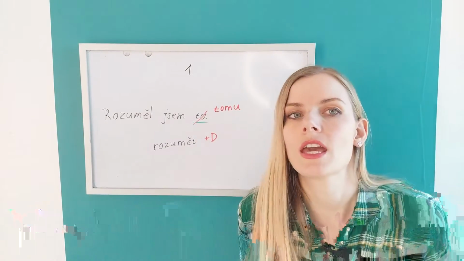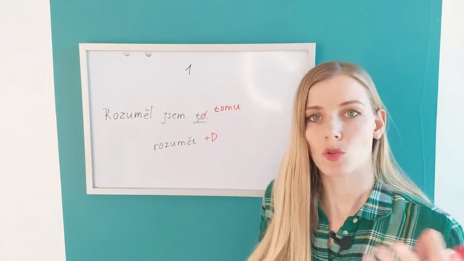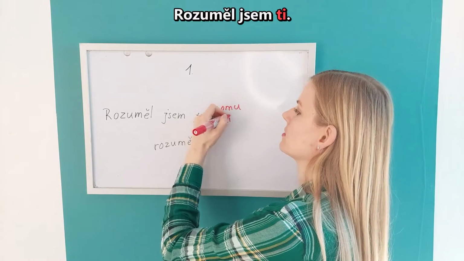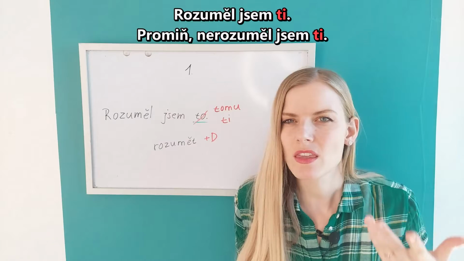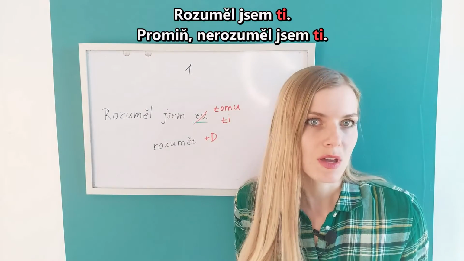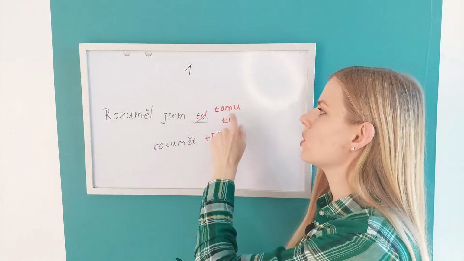If you wanted to say I understood her or you, it would also be dative. For example, rozuměl jsem ti means I understood you. Or nerozuměl jsem ti. Promiň, nerozuměl jsem ti. Sorry, I didn't understand you. Nebo nerozuměl jsem tomu.